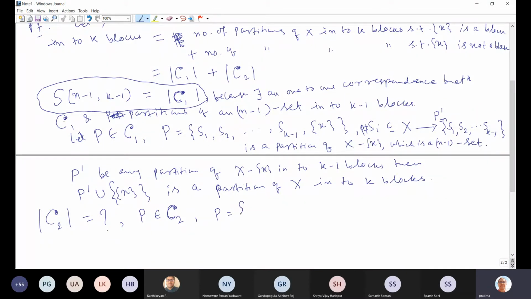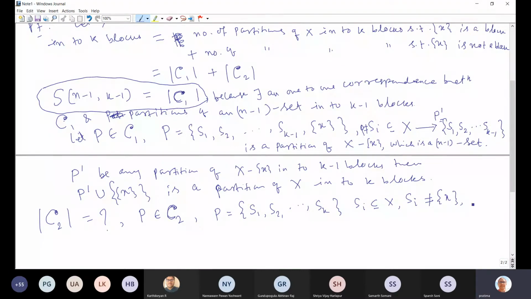This partition P is of the form S1, S2, up to Sk, where each Si is a non-empty subset of X and none of them is equal to the singleton set {x}.